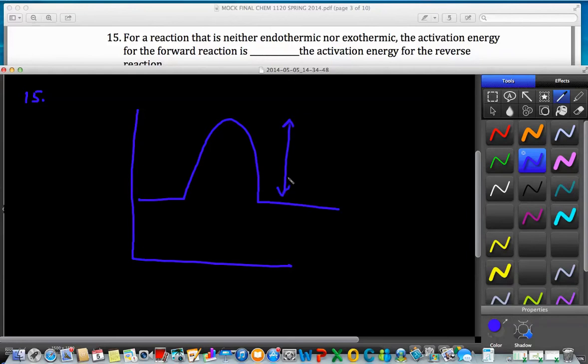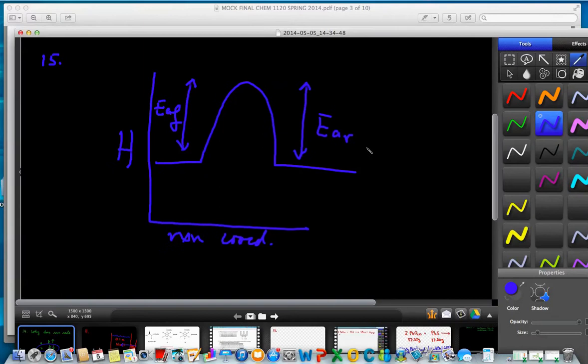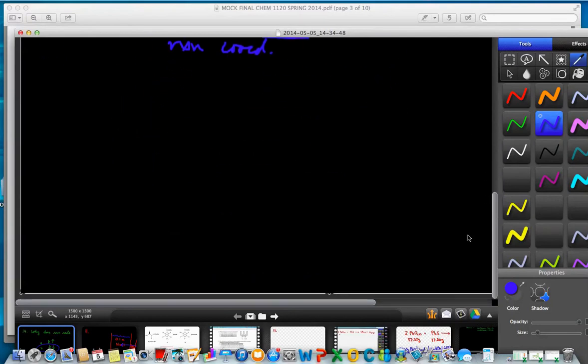Energy of activation of the reverse reaction, energy of activation of the forward reaction. There is no difference. So they will be absolutely the same. That is going to be answer choice B. So the credited response for 15 is answer choice B.